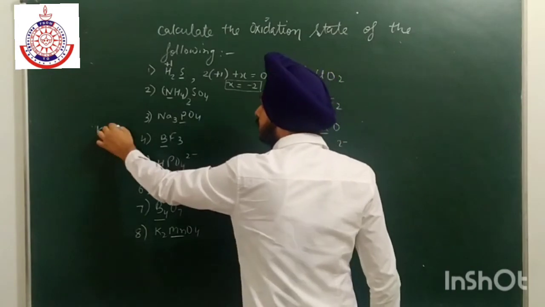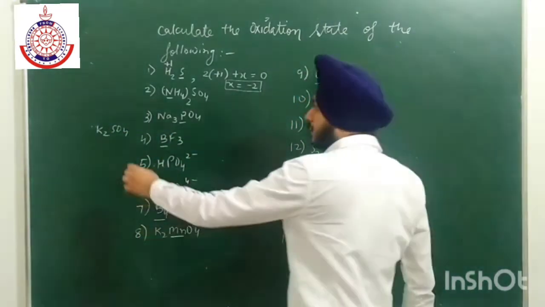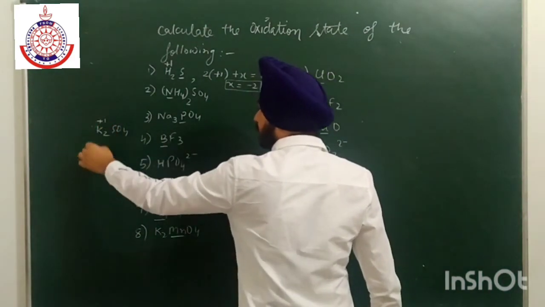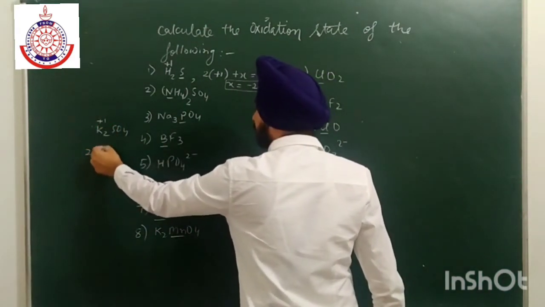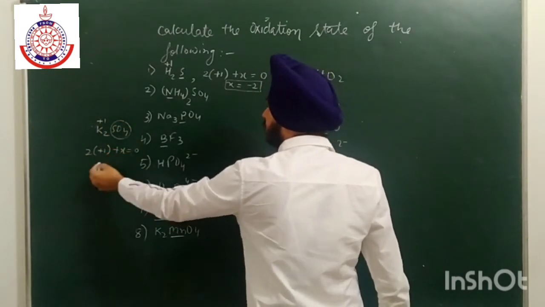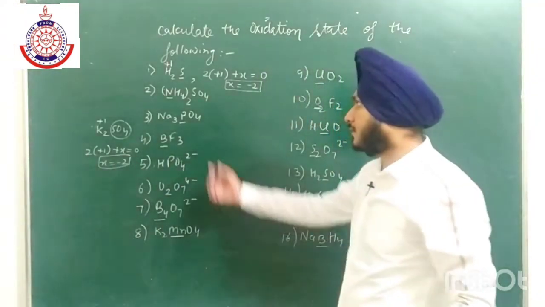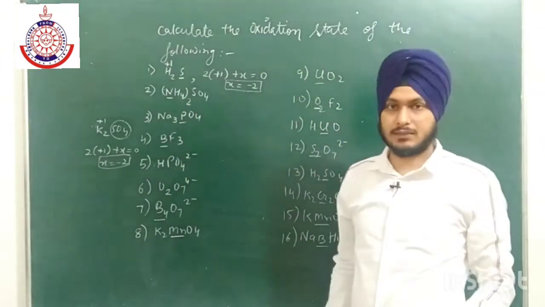We all know that the oxidation number of potassium, which is an alkali metal, is always +1. So 2 into +1 plus the oxidation number of SO4, X, is equal to 0. From here we get X is equal to -2. That is why I have taken SO4 as -2.